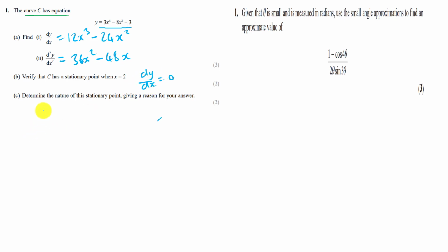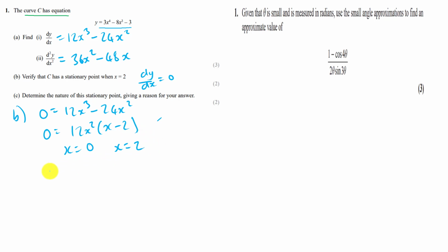So 0 equals 12x cubed minus 24x squared. What's the highest factor in both? Take out 12x squared, so 0 equals 12x squared times (x minus 2). So x equals 0, x equals 2, that's confirmed.